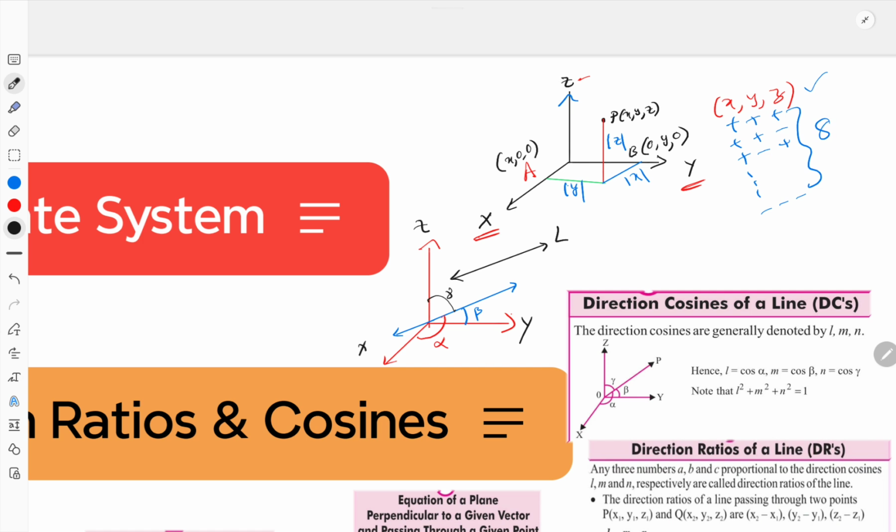In two-dimensional geometry, we know that every line can be described by a slope and a point. What do we mean by the slope of a line? The slope tells about the inclination: if the angle made by the line with the x-axis is theta, then the slope is tan theta.